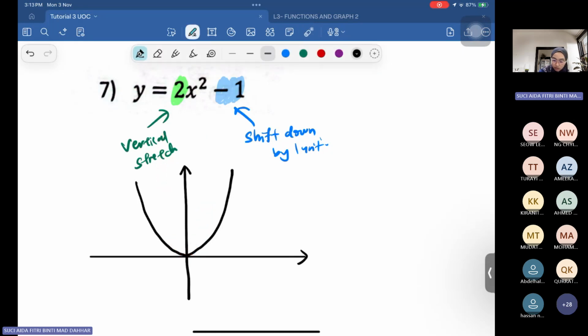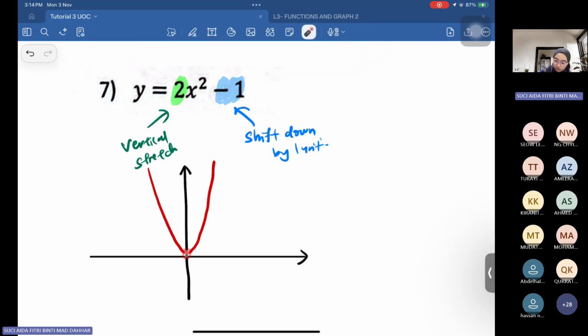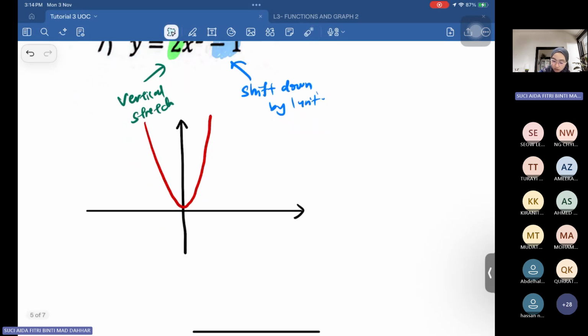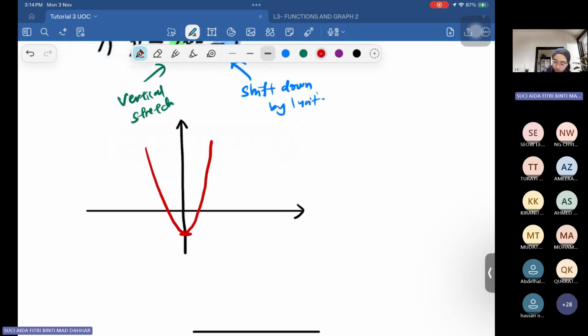Let me just draw the one that is skinnier and taller. But it does not change the vertex, right? The vertex is still at 0, 0. But then when you shift down by 1 unit, it will shift down like this. It will now go to -1. Okay, done, right?